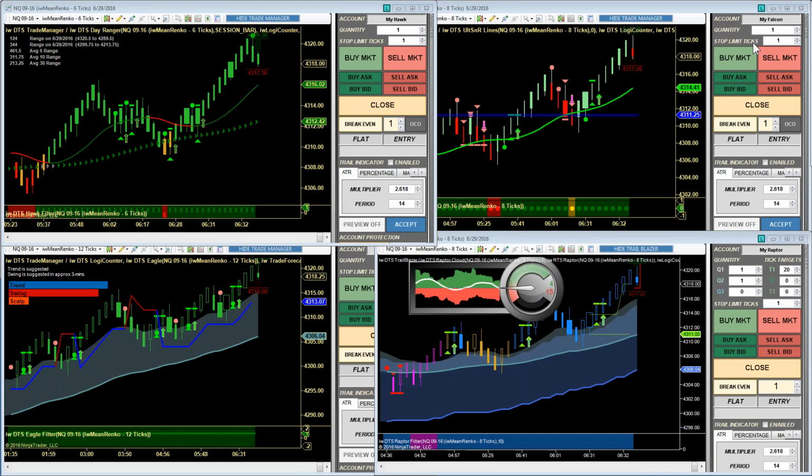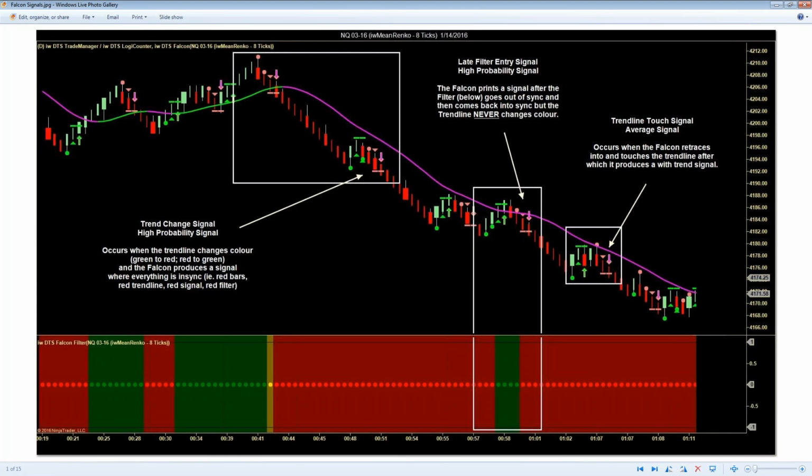Those are your high probability signals, and then we also have high probability signals for the other tools.